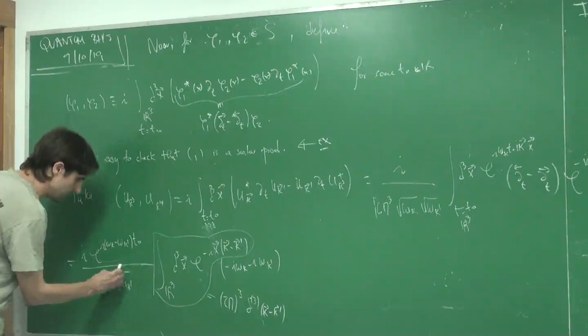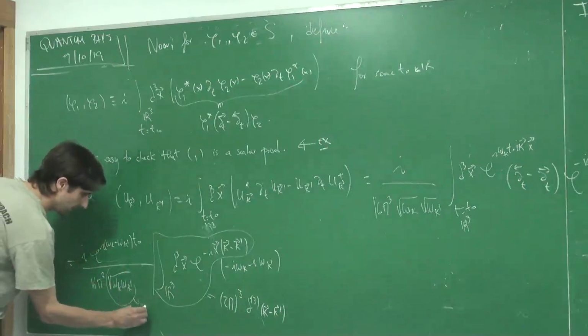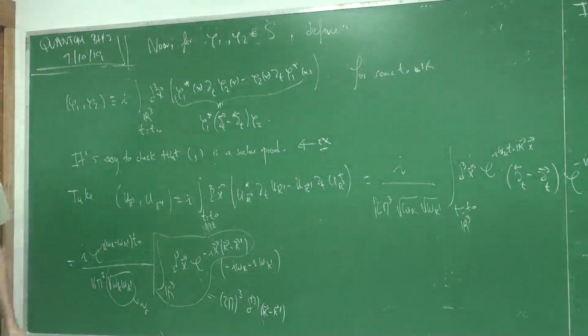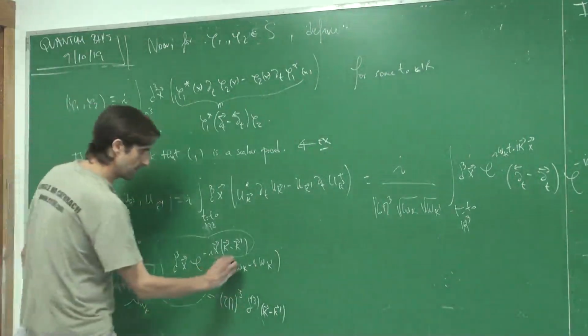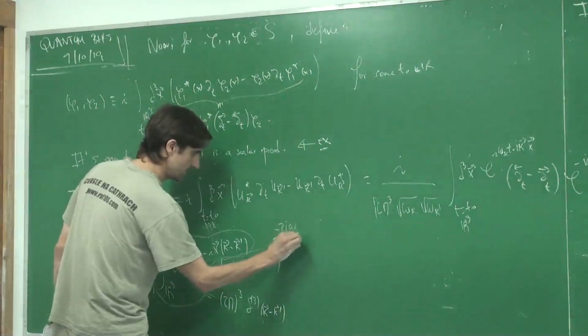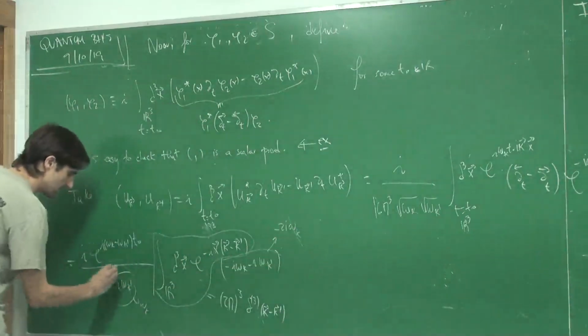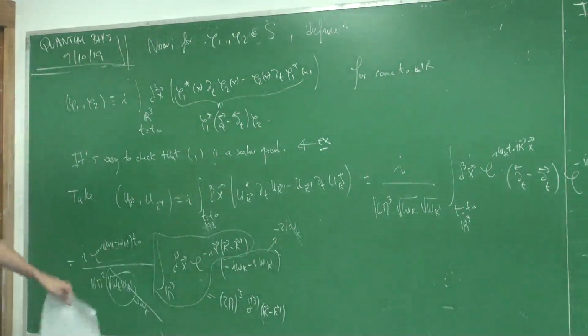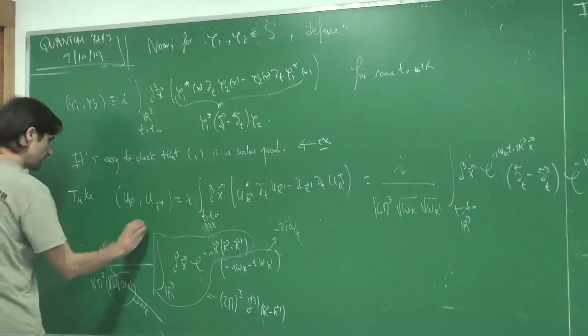So this becomes omega k. Omega k is positive valued. This becomes minus 2i omega k, and so the omega k here cancels out with the one here. Omega k minus omega k just gives you 1.